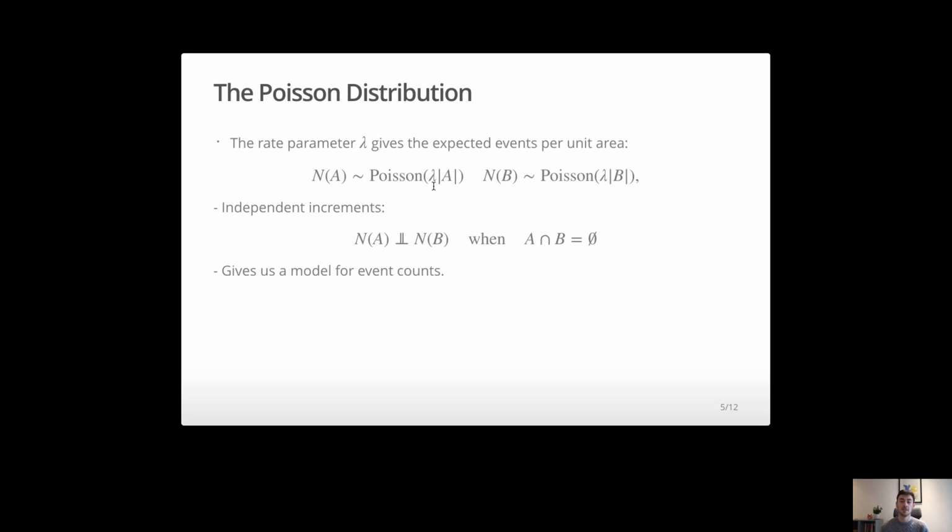And this lambda represents the number of rabbits that we're going to see per unit area of field A. And similarly, if the rabbit rate is the same in field B, NB could be modeled as a Poisson random variable with rate parameter lambda multiplied by the modulus of B.